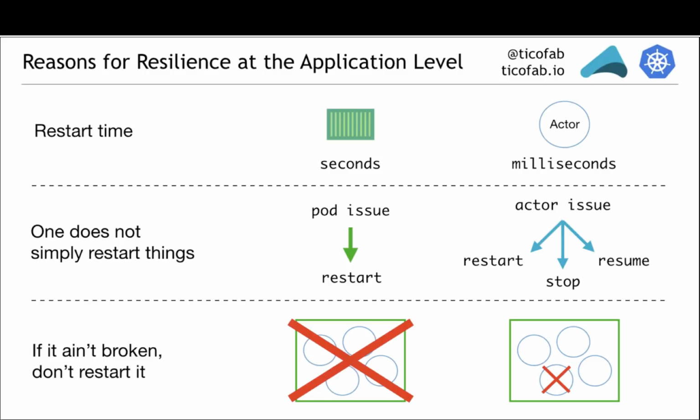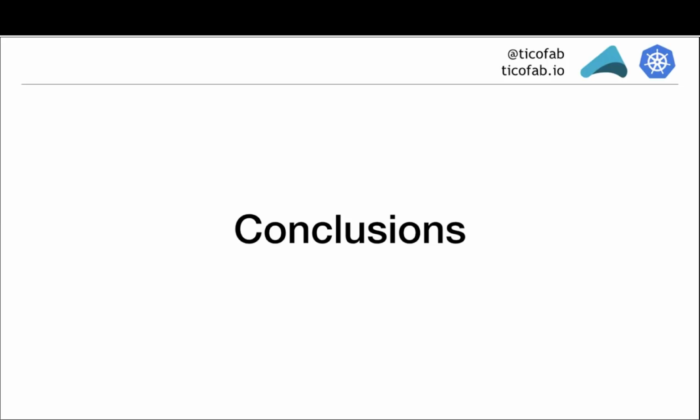Restarting things is a costly operation, even with actors, because you might need to restore state, and maybe your state was saved in some persistence layer. So it's a relatively expensive thing to do, and you don't want to have to do it for all the components when maybe only one needed to be fixed.